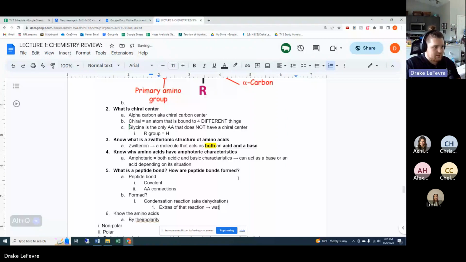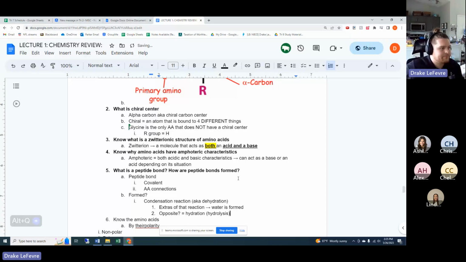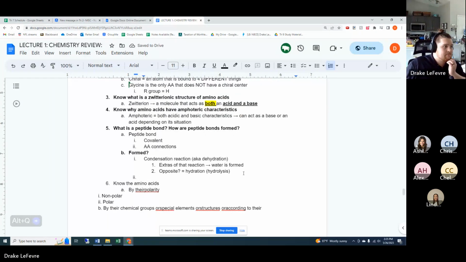Sweet. What is the opposite of a condensation reaction? Hydrolysis. Hydrolysis, or also called hydration, because hydration reactions involve hydrolysis. Okay, in what direction are peptide bonds formed?